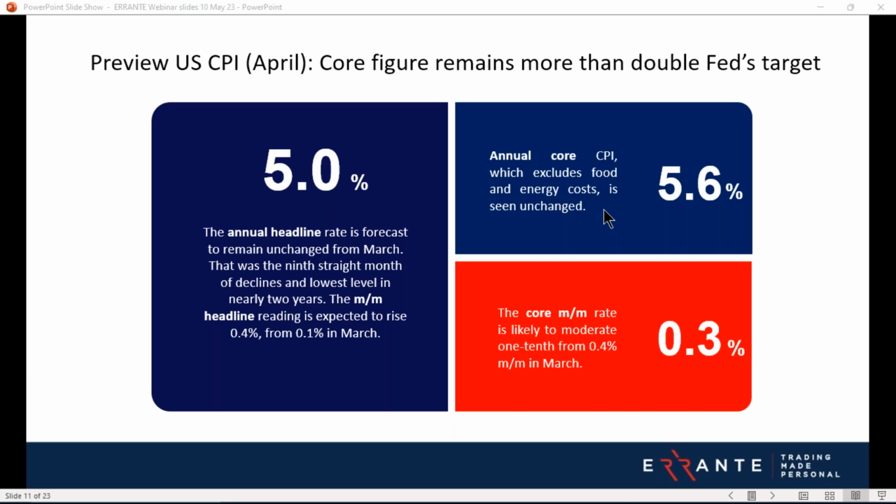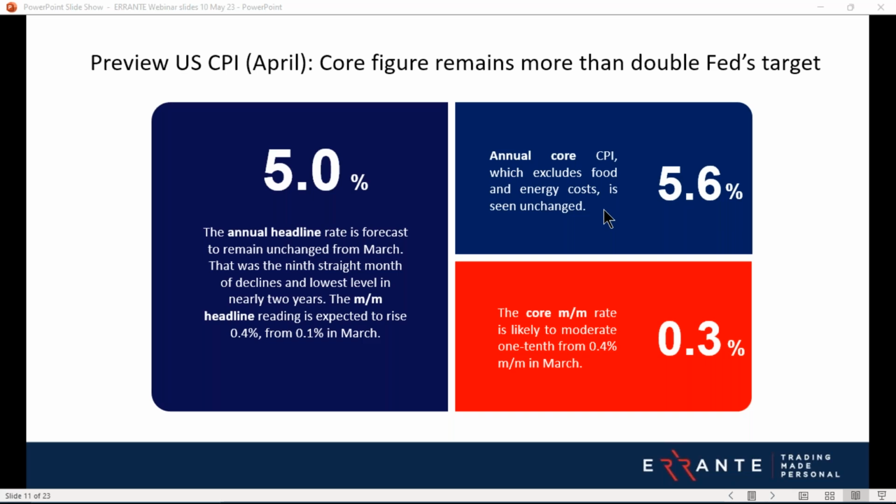Digging into the detail, core goods inflation is expected to increase, with higher used auto prices from the first quarter showing up in CPI this month, while inflation in other goods categories is expected to remain relatively flat. Services inflation is expected to remain high.